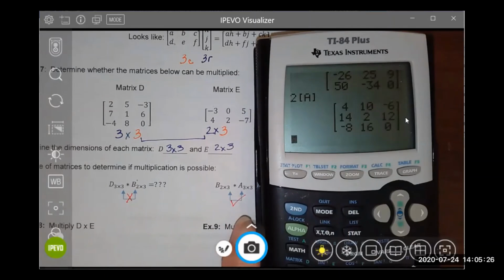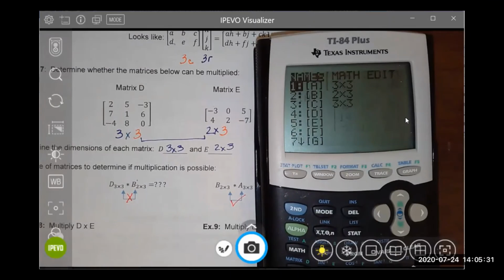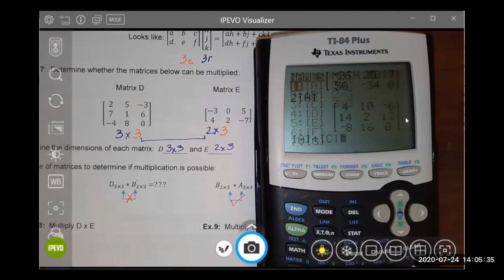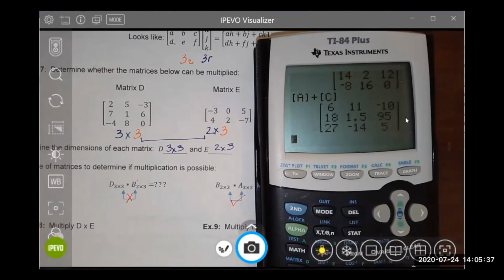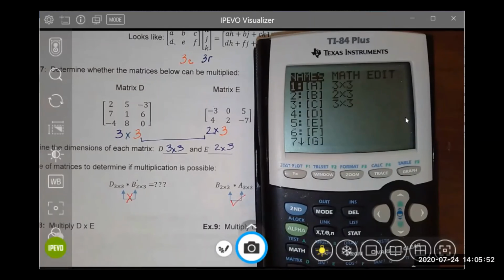And now if I want to, I can do adding and subtracting. So if I do second matrix A, I can add it to second. And then let's see, let's 0.8. This is going to give us some ridiculous numbers, I hope.